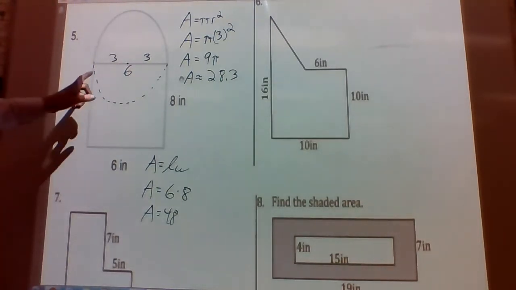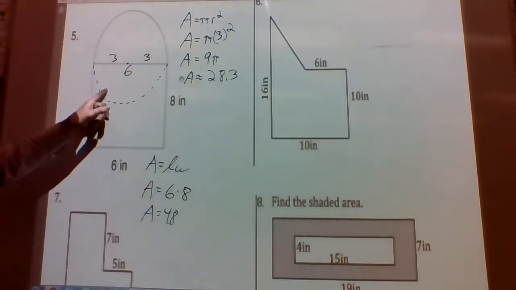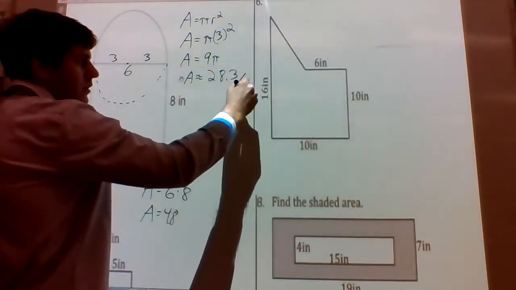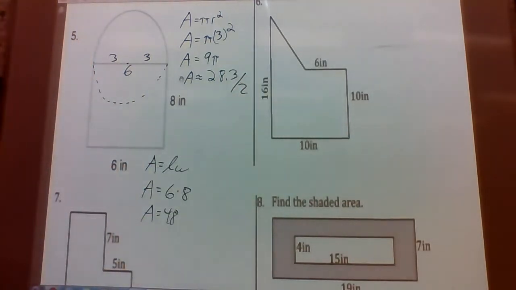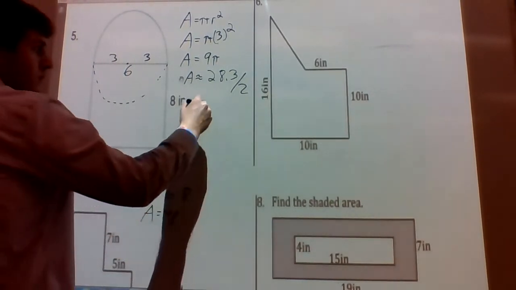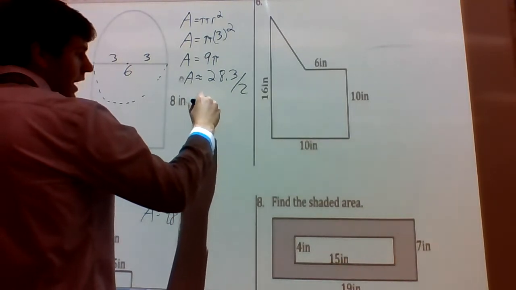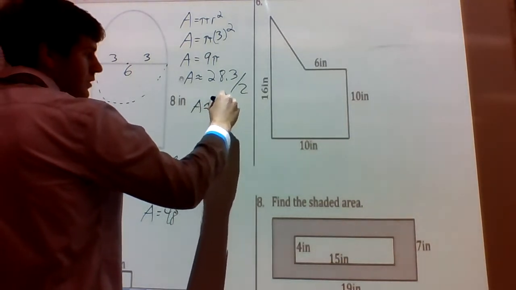Okay. But it's not a full circle. It's only half of a circle. So we have to divide that answer by 2. And we end up getting approximately 14.1.